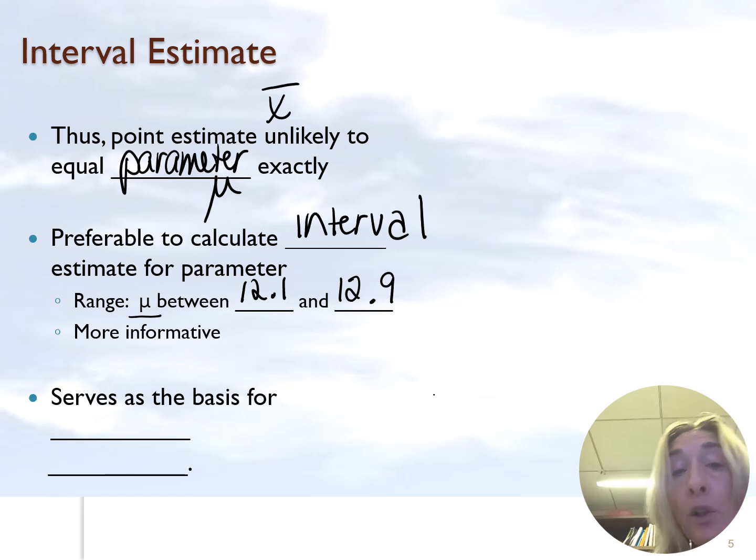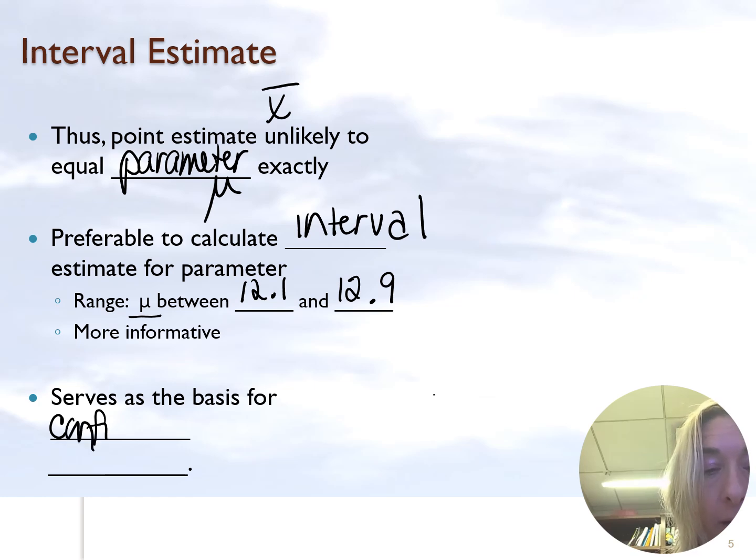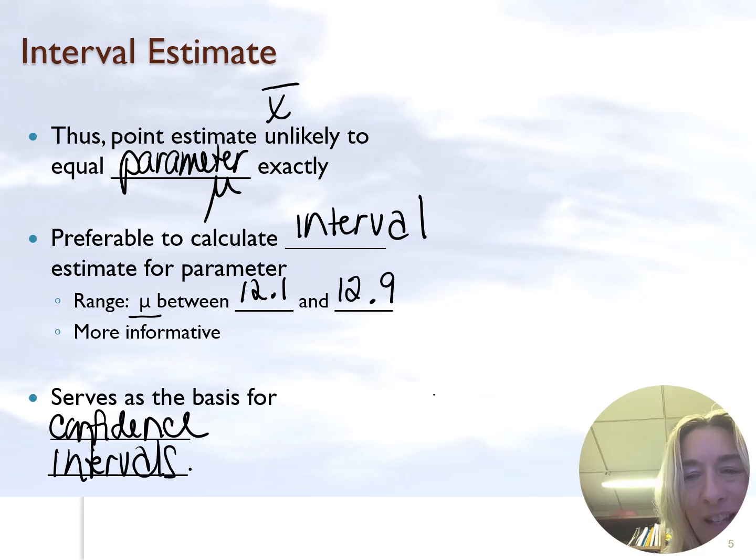An interval estimate tends to be more informative than a point estimate. This whole slide actually serves as the basis for the very important topic in inferential statistics known as confidence intervals, which you will be hearing a lot about as we go forward.